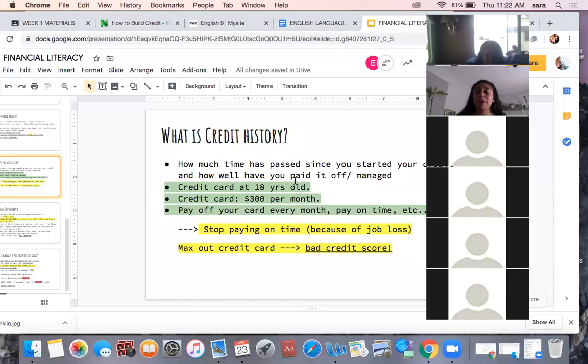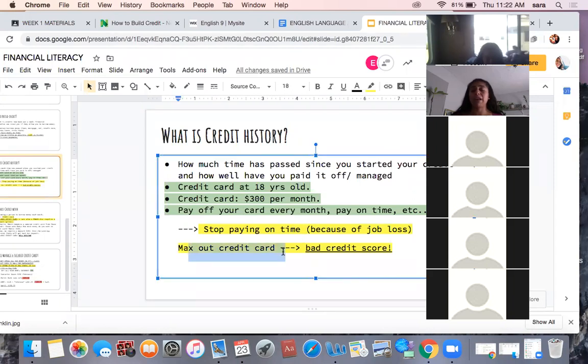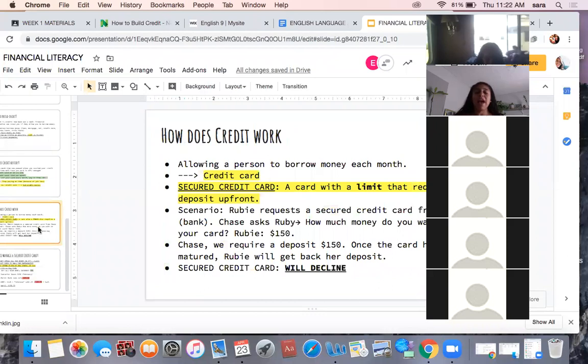And then we started a scenario having to do with credit, a secured credit card. We said, you know, you're 18 years old, you have a credit card for $300 a month, you started paying it off, but then something goes wrong. You lose your job and you max out your credit card, you can't pay it back. And so that led me to talking about a secured credit card.